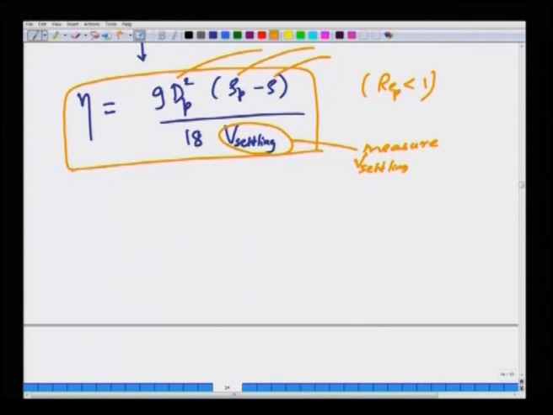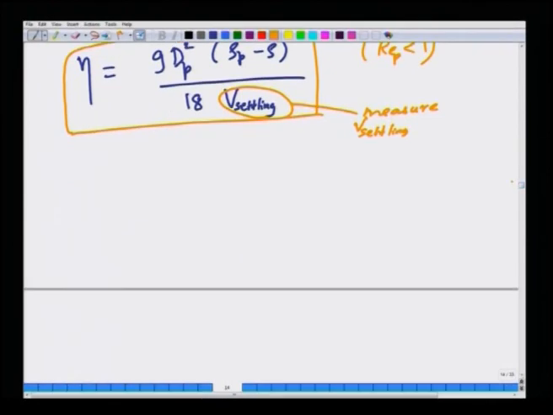Now, in the above, when we use the Stokes drag law, this is the Stokes drag law valid at small values of particle Reynolds number.